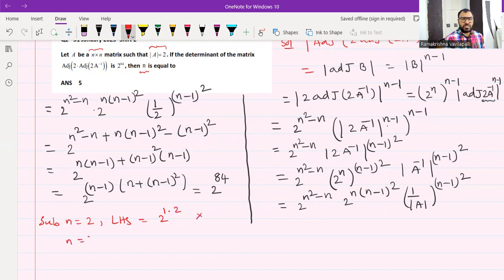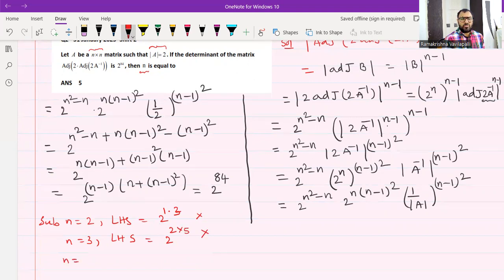For n equal to 3, LHS equals 2 to the power of 2, and here this is 3, because n equal to 2. Now when n equal to 3, 2 into 3 plus 2, that is 5. So this is not 84.